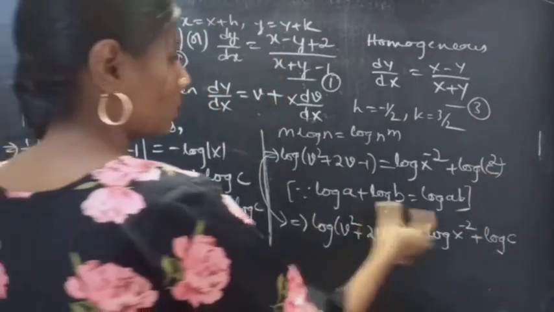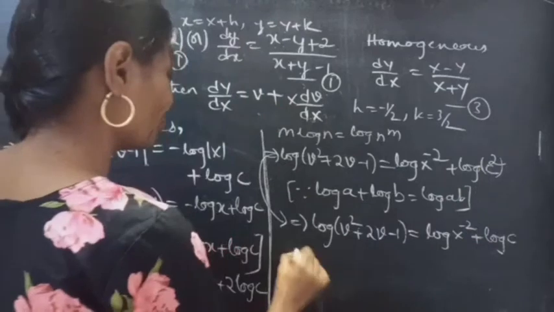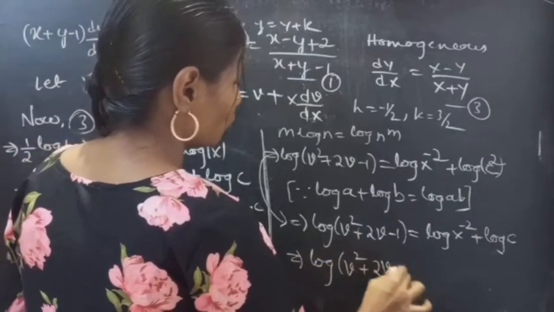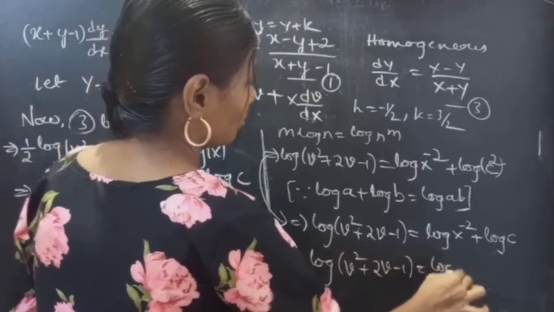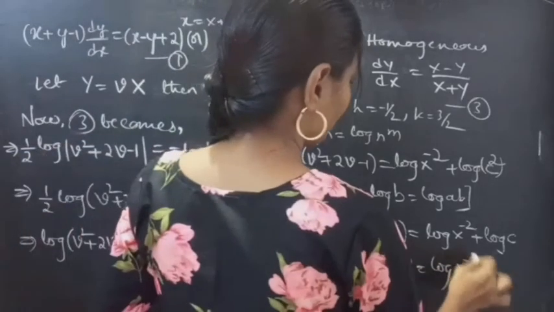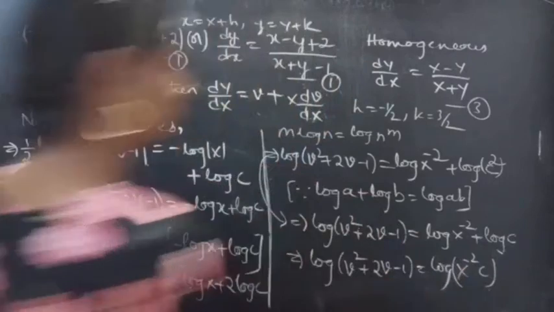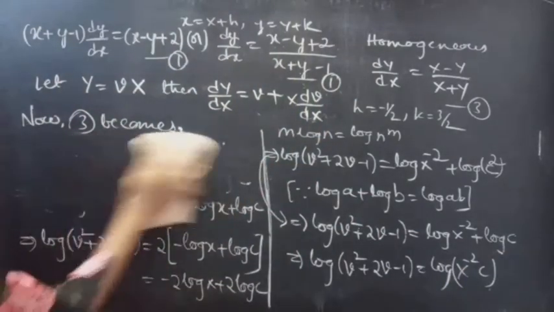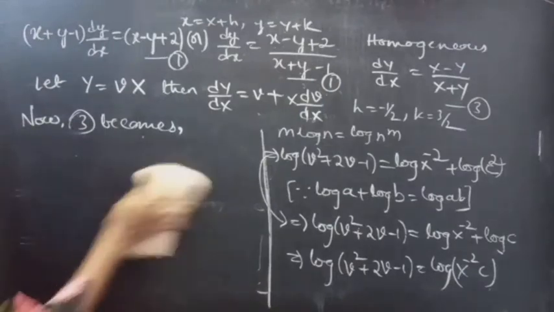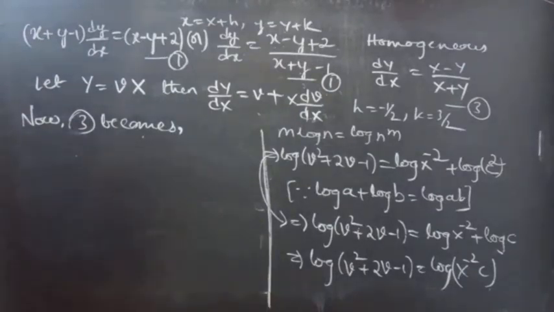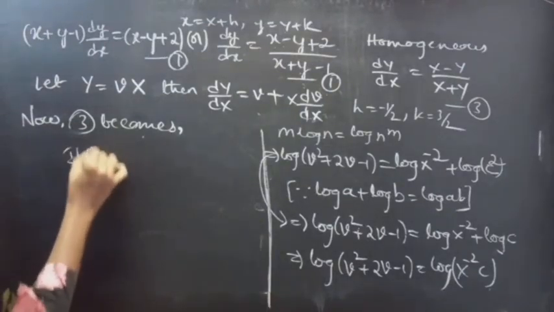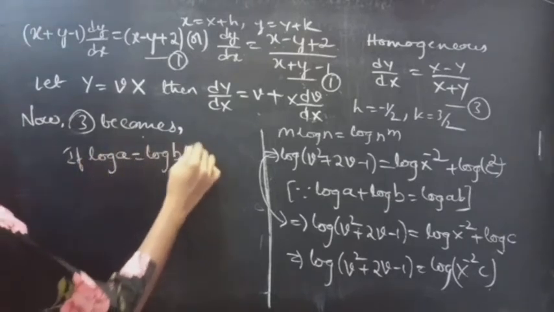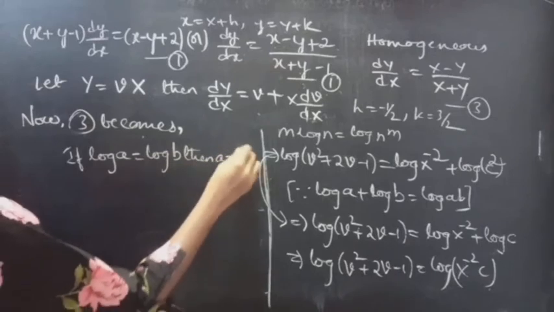Now apply this here, we'll get log of v square plus 2v minus 1 equals log ab. Since we know that if log a equals log b, then a equals b.